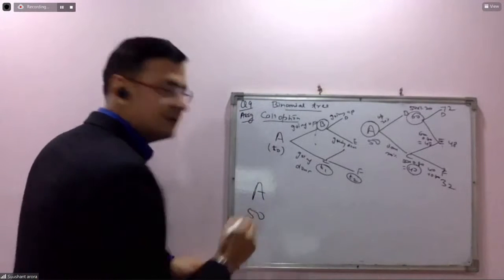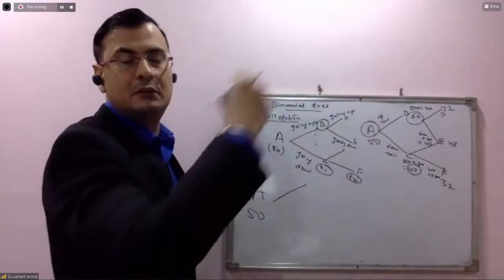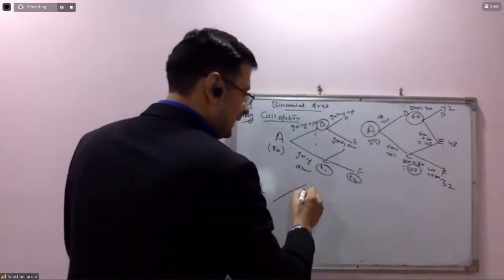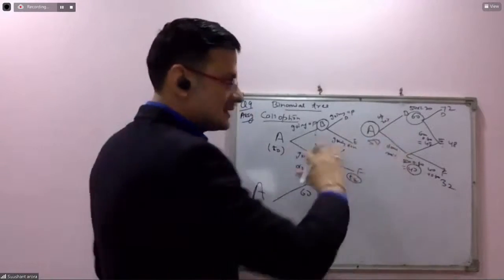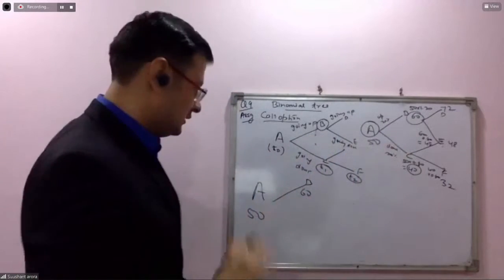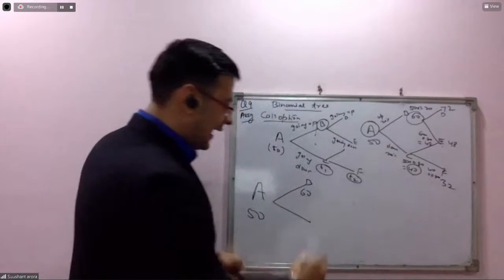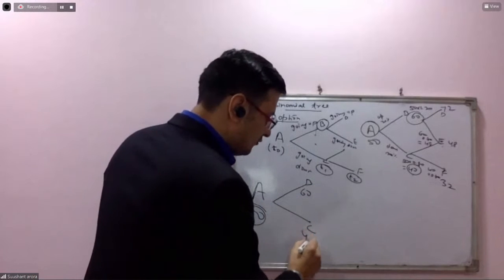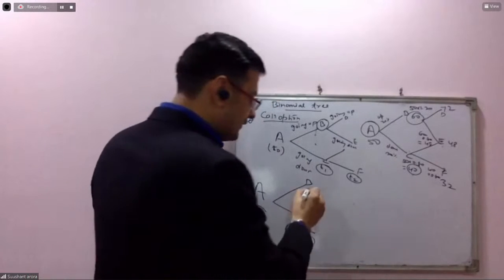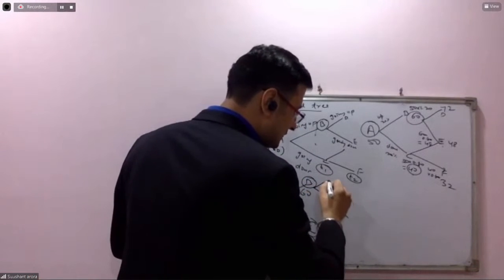A, we started at 50. Prices go up 20% to 60. This is node B. I'm just making a little bigger one, nothing new. Price goes down at point C, 80% of 50 means 40. Further, B has two possibilities.